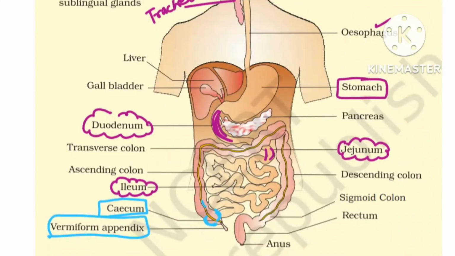Now, this part of the colon is ascending colon. Then this part is your transverse colon. Then the part coming down is known as descending colon. A little bit curved is sigmoid colon, which opens into the rectum, and rectum is a temporary storage organ for the fecal matter, which goes out through the anus.